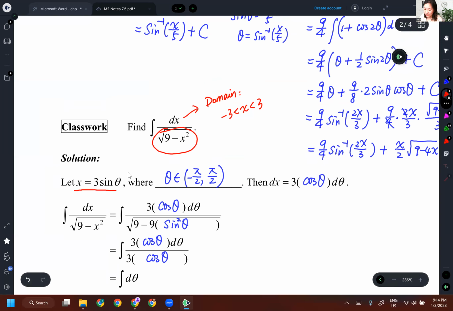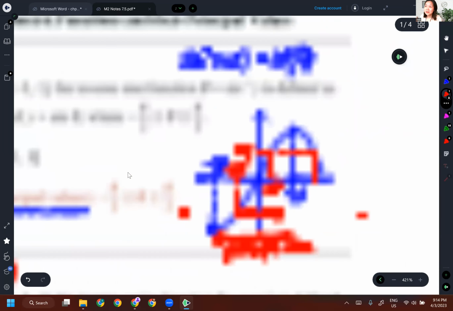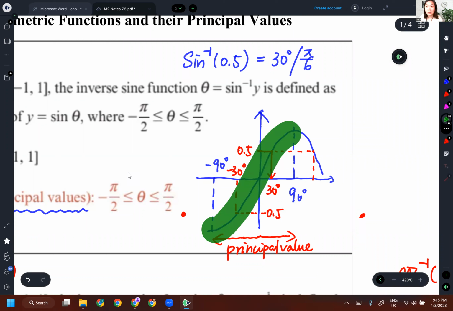Why is that? It's because in the graph, this is the sine graph. Between -90 and 90 degrees, the sine value already goes from -1 to 1.